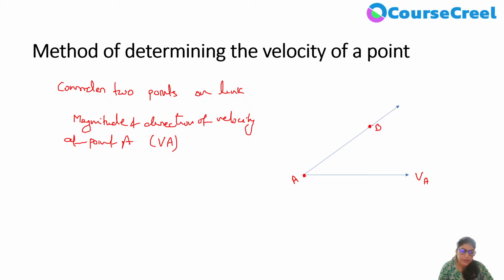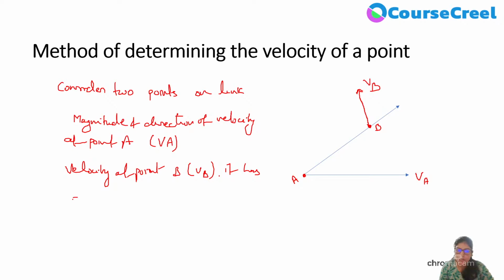So this VB is having only direction. Okay, so this is VB. Velocity at point B is VB, and it has direction only.